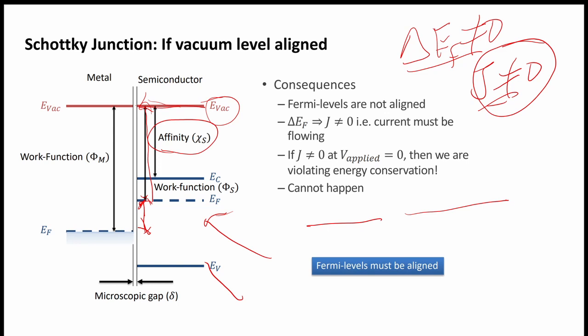So this cannot happen if we just align the vacuum levels, because there would be current flowing without any application of potential. That cannot happen. So the Fermi levels must align, because the current is 0.